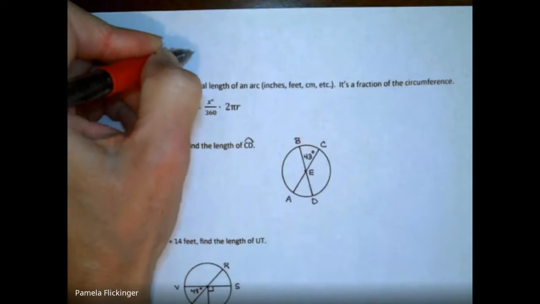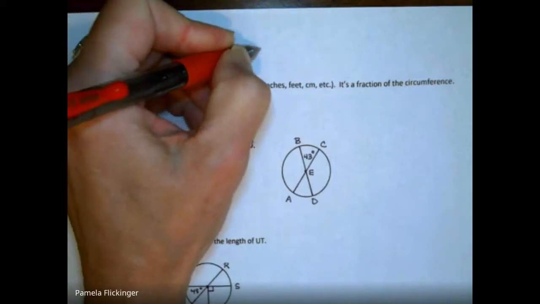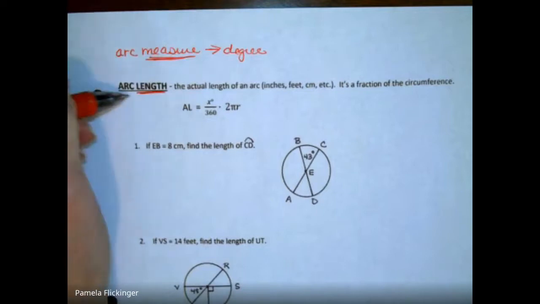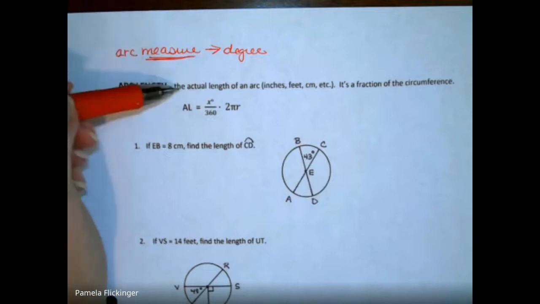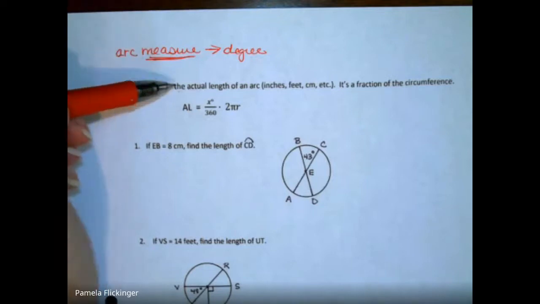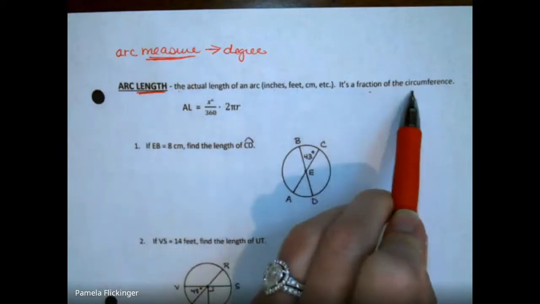When we want the measure of that, we want a degree. When we want the length of an arc, we're measuring it like we would with a ruler. So we're going to get inches or centimeters or something like that. So the actual length of an arc, as I just said, inches, feet, centimeters, it's a fraction of the circumference.